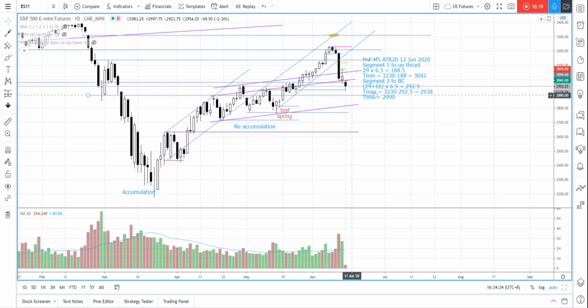If this level is broken, I think it's relatively bearish. We should see some level to defend, the spring level around 2800 or 2780. So the immediate support level definitely is 2930 now, and 2900, and eventually if it broke below, then we should see this range around 2770 provide some kind of support.